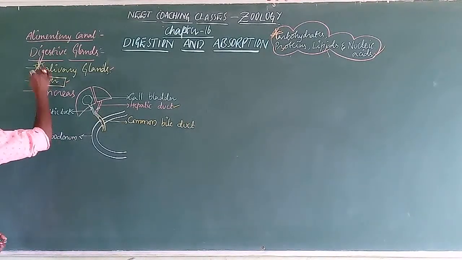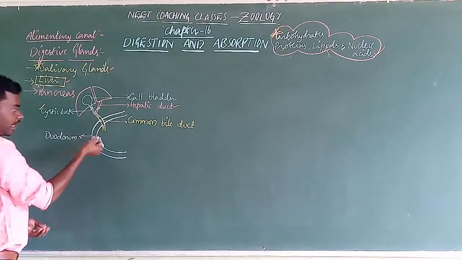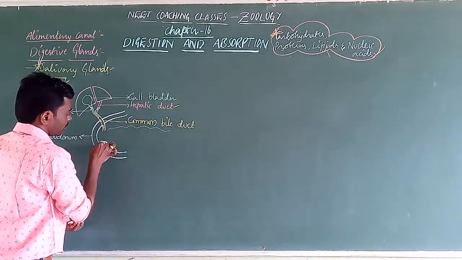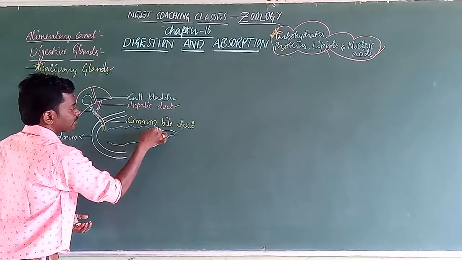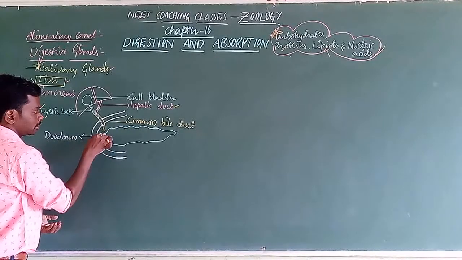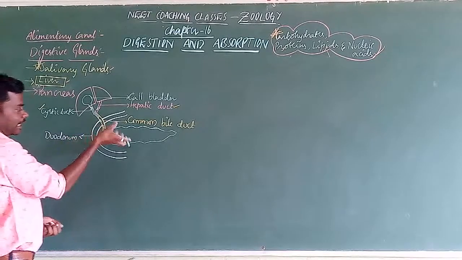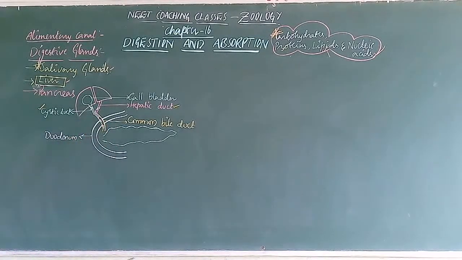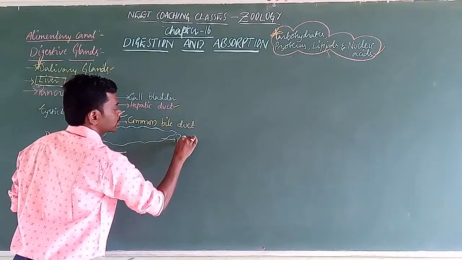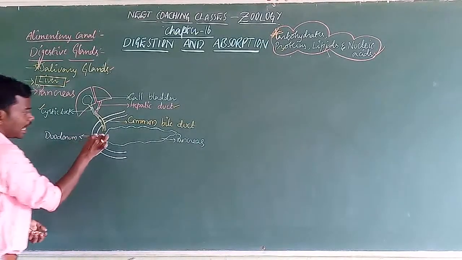Now, let us come to the concept of the pancreas. The pancreas is a leaf-like structure located at the level of the duodenum.